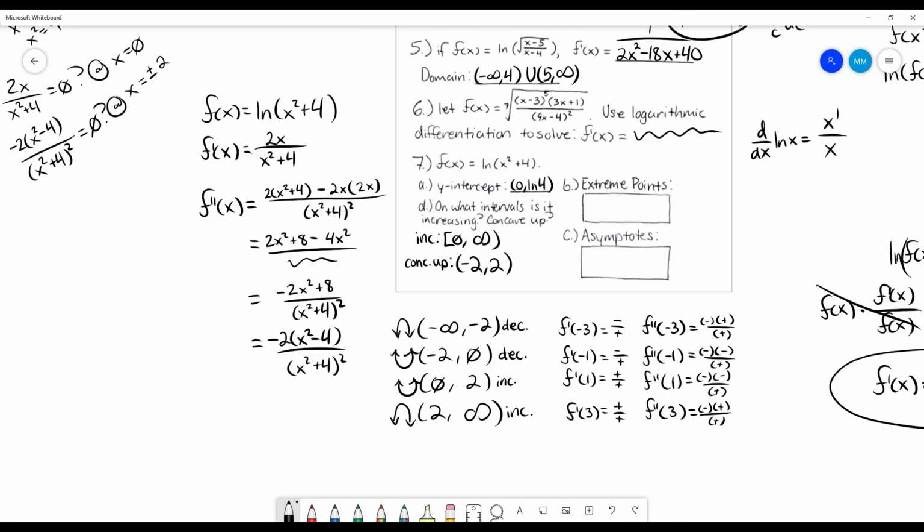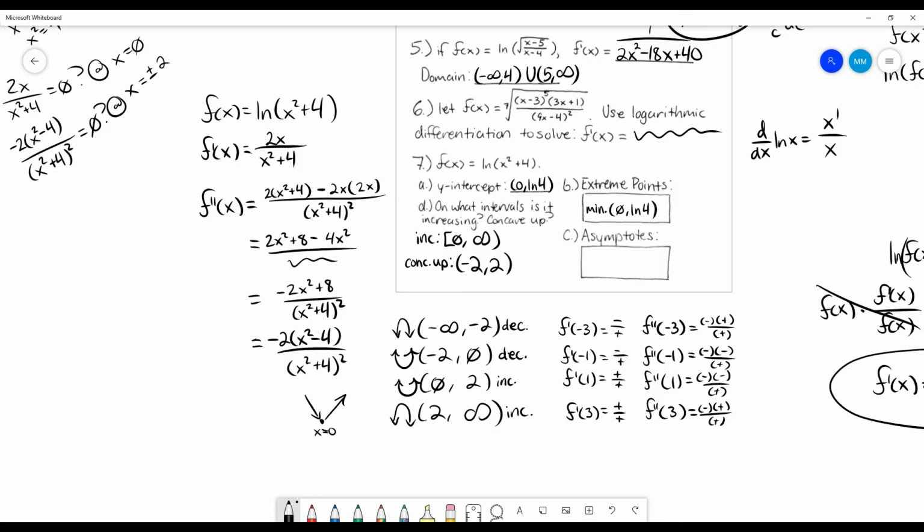That also tells me, looking at this, I'm decreasing all the way until x equals 0, and then I'm increasing. So while I don't have any relative maximums, I do have a relative minimum at x equals 0, which also happens to be my y-intercept, so we already know what y value that is.